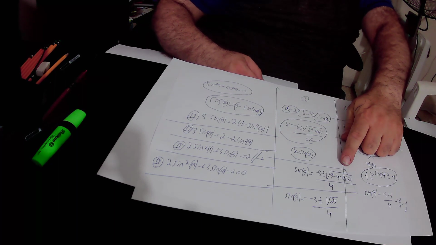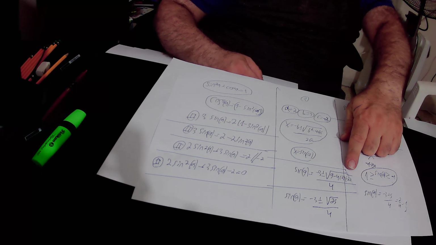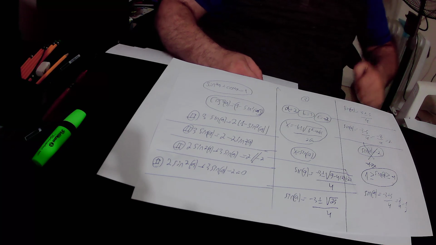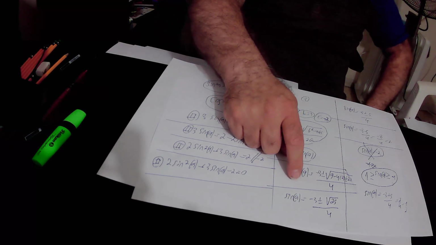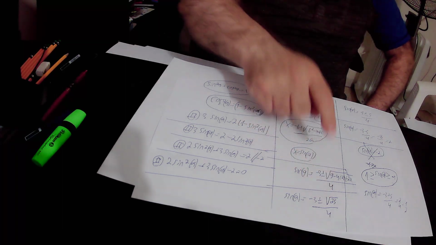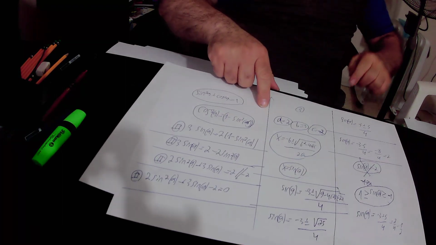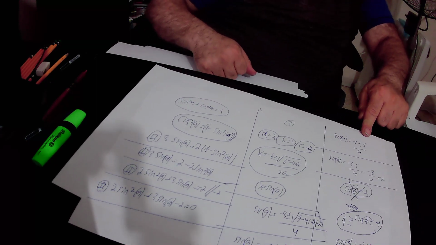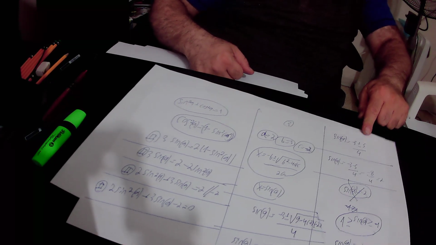Inside the square root we have 9, minus 4 times 2 is minus 8, and minus 8 times minus 2 is plus 16, and 9 plus 16 is 25. So sine alpha equals minus 3 plus minus the square root of 25 over 4. The square root of 25 is 5, so sine alpha equals minus 3 plus minus 5 over 4.